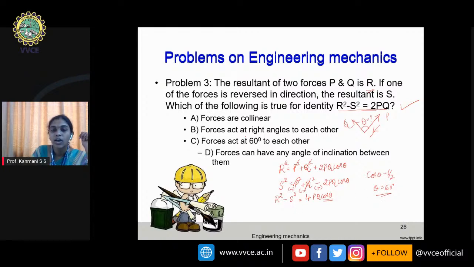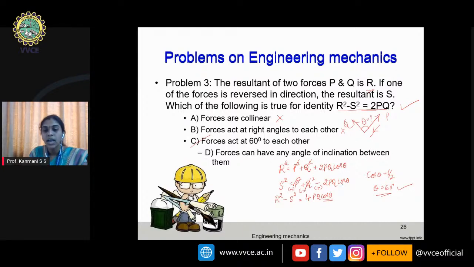So if the forces are collinear, this cannot happen. If forces act at right angles, that is theta equal to 90 degrees, it cannot happen. Forces act at 60 degrees to each other. This holds good only when the angle between these two forces is 60 degrees. Hence, C is the right answer. The forces can have any angle of inclination between them?